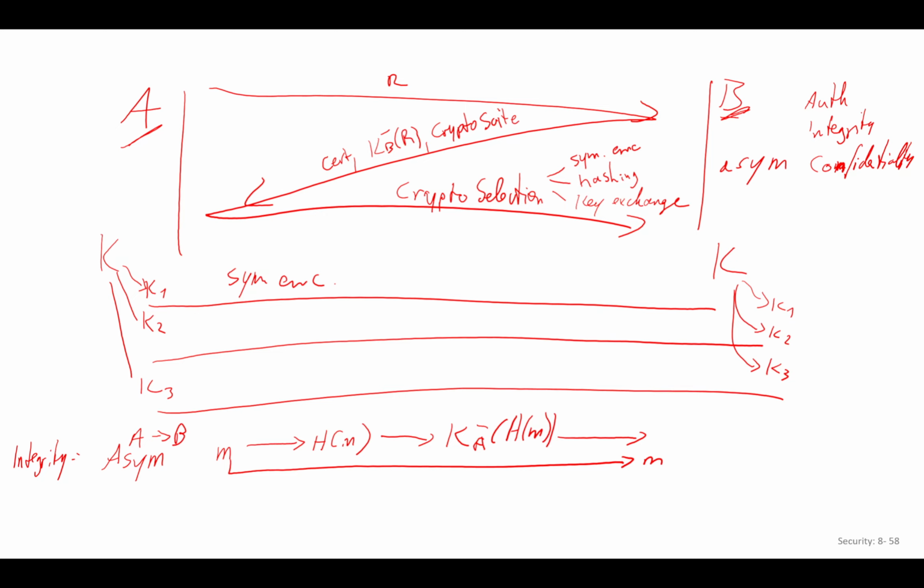And then B gets this data, and because the public key of A is known, you can take the public key of A, confirm the signature, and you get the hash that has been signed by the author.